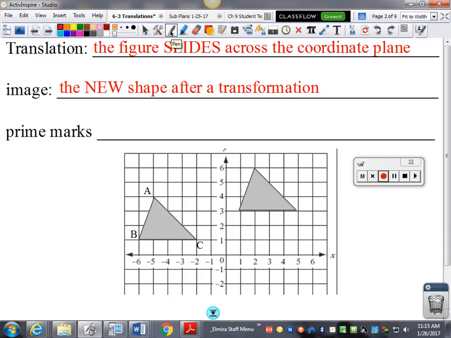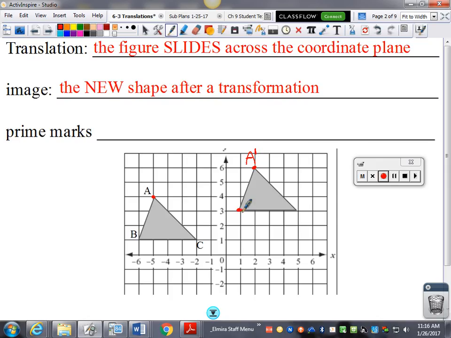Now, this new shape that we just made, we want everybody to know when we draw this that these two shapes go together, and that if this is A up here on top, then this point goes to that point. So we're going to also label that with an A, but we need a way of knowing that this is the new A. So we put this mark here that looks kind of like an apostrophe, and it's called a prime mark.